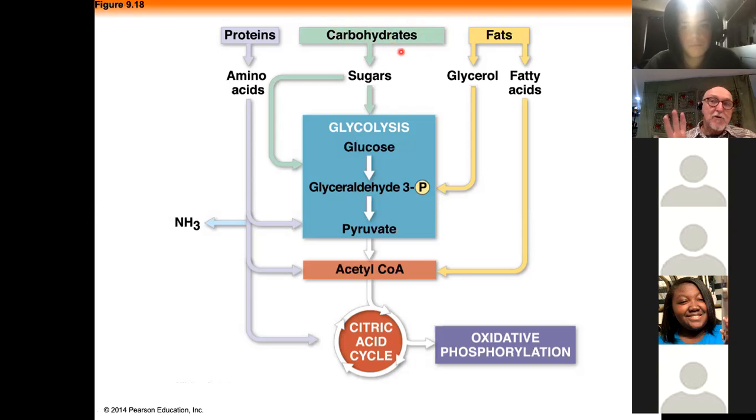So that's our most readily accessible, our easiest, but also our most rapidly used resource for fuel. For long-term storage, we depend on fats. Those fats are usually laid down specifically to be extremely stable and only used essentially under starvation conditions.